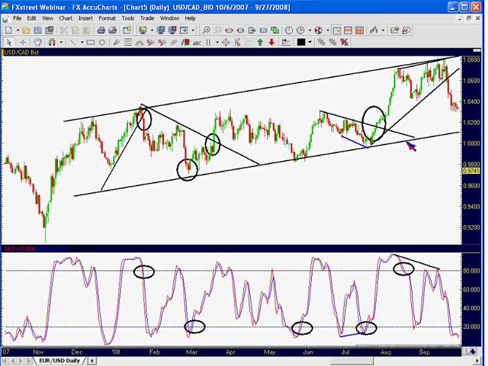And so once again, you need a backdrop, which is a channel, in this case either a horizontal or an angled channel. Number two, you need at least one of three potential turn warnings, whether it be a reversal candle pattern, or a divergence, price oscillator divergence, or a move up from oversold or a move down from overbought.